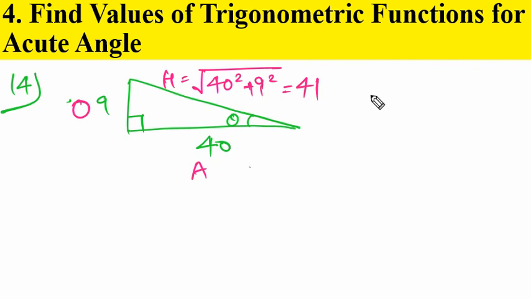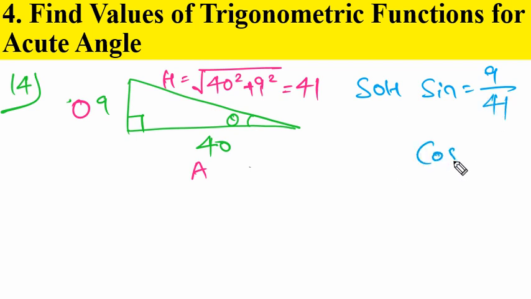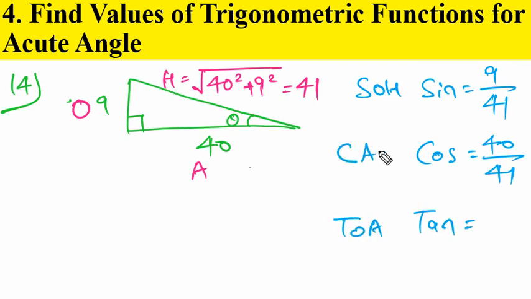Now do you remember the formula for sine? SOH, right? So sine is equal opposite over hypotenuse. Now opposite is 9, hypotenuse is 41. Now cos is adjacent over hypotenuse. Tan is TOA, right? If you don't remember, that was the trick.